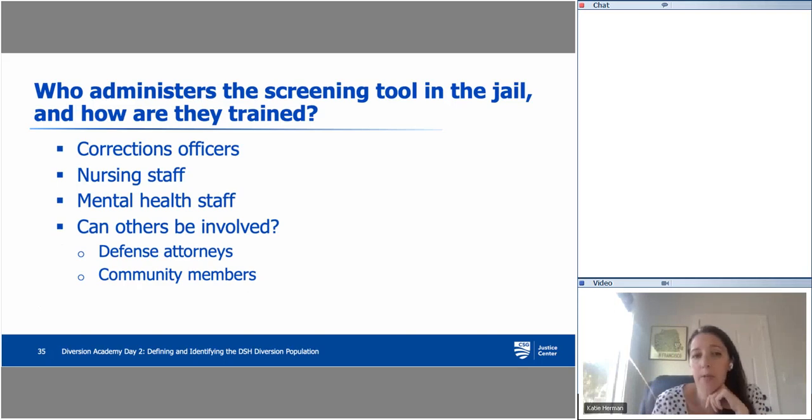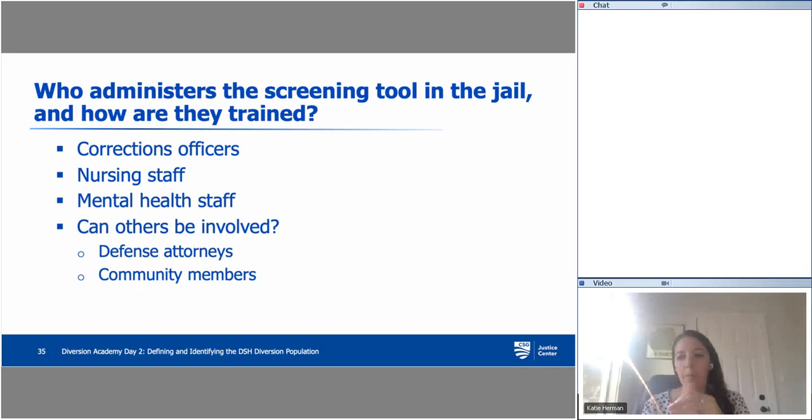But also, especially in some of your smaller counties that may not have a lot of staffing available, can other people be involved in the screening process? I know we've heard in some places defense attorneys can go into the jail and help with screenings. There's a lot of nuance to this. You can't just go in and start doing this. Can community members, can peers be pulled in to do some of this work? Those are interesting things to think about.